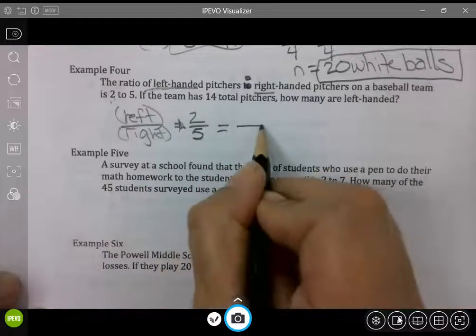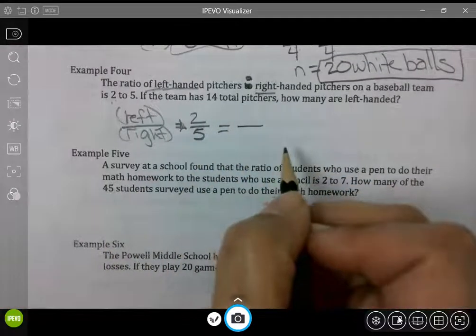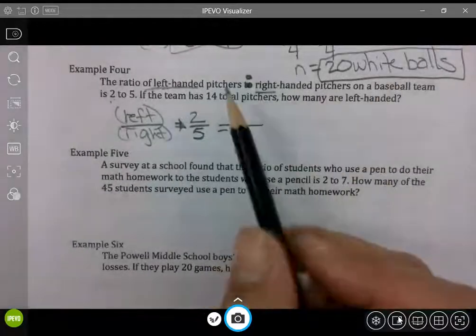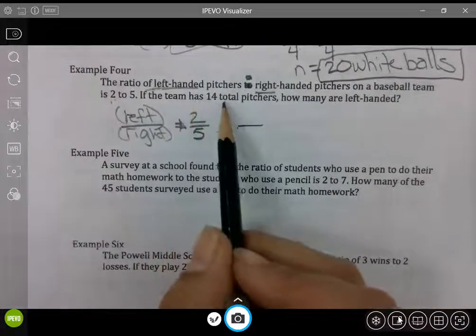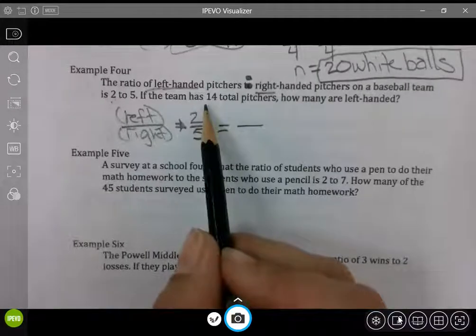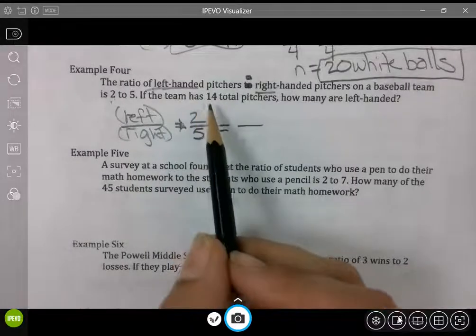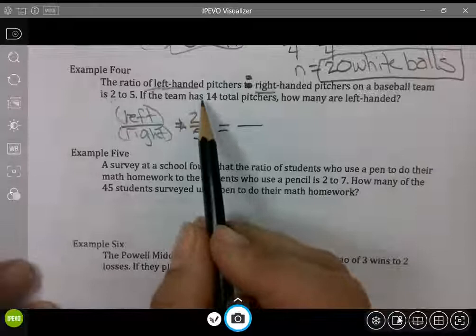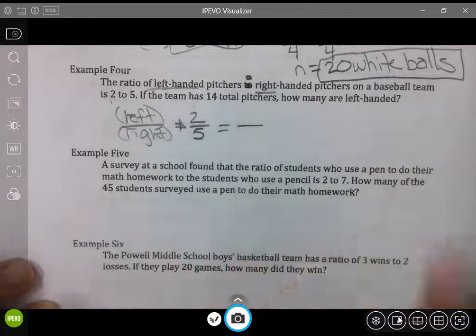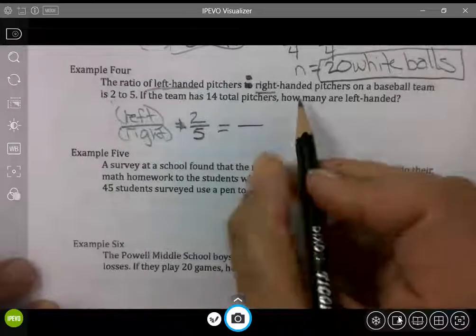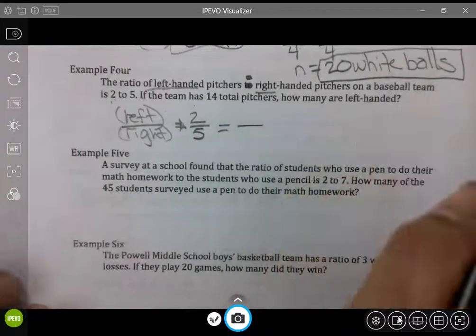And this is going to equal the other ratio. So let's see. If the team has a total of 14 pitchers, if the team has 14 total pitchers, how many are left-handed?